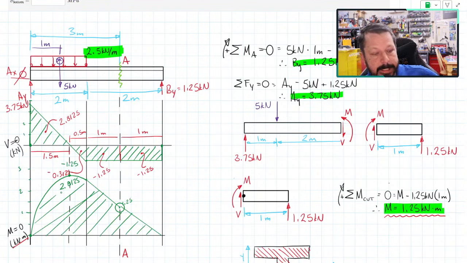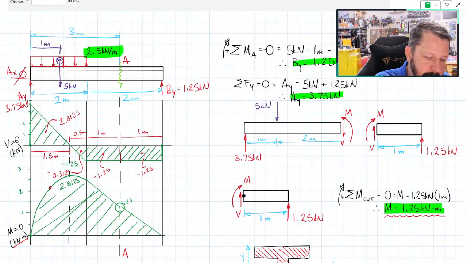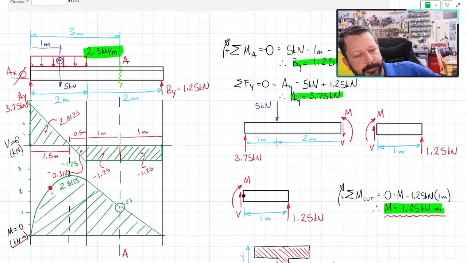So that is a way to do that. If you have a problem that is asking you for, hey, what's the bending moment or the shear stress or the flexural stress at this point, then the better process is what we did first, versus drawing the whole shear and bending diagram. Because it could be that the point is right here, and that's kind of hard to figure out.